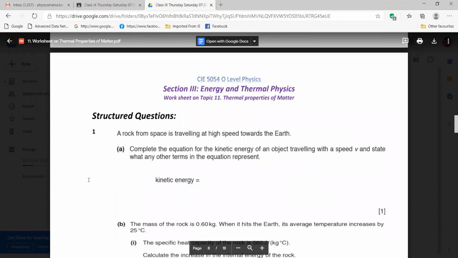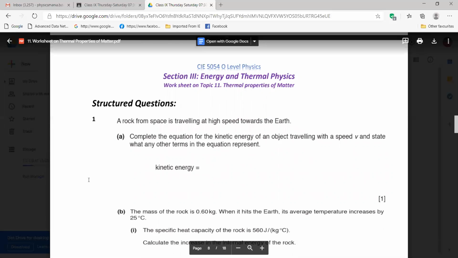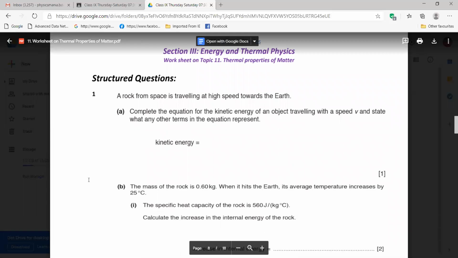You are equipped with lots of weapons which can help you to solve the structured questions successfully, right? So can you try them? On your copy you should write the answer. And you write structured questions, question 1, then continue reading the question.